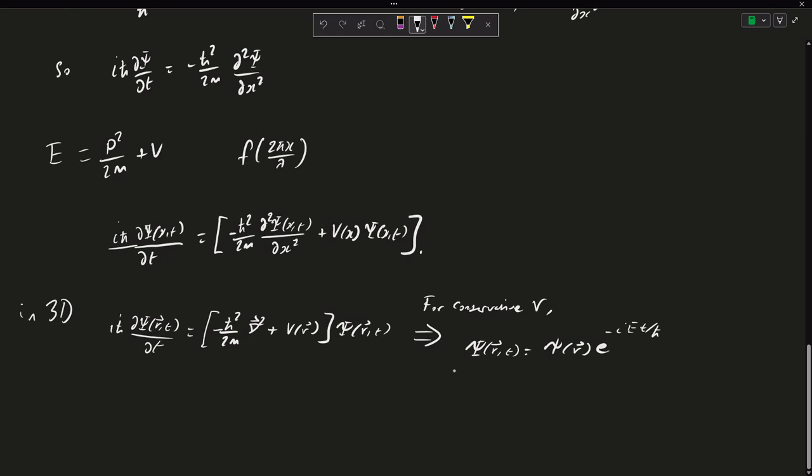So this satisfies the time-independent Schrodinger equation. And if I write the total time-independent Schrodinger equation, you get this form right here.